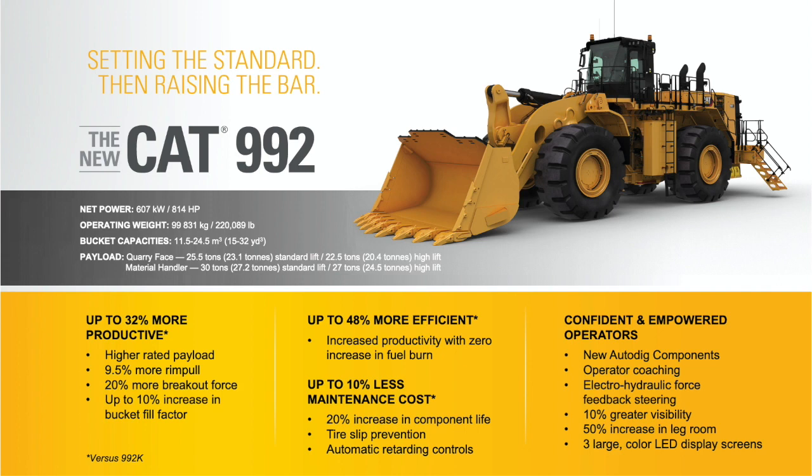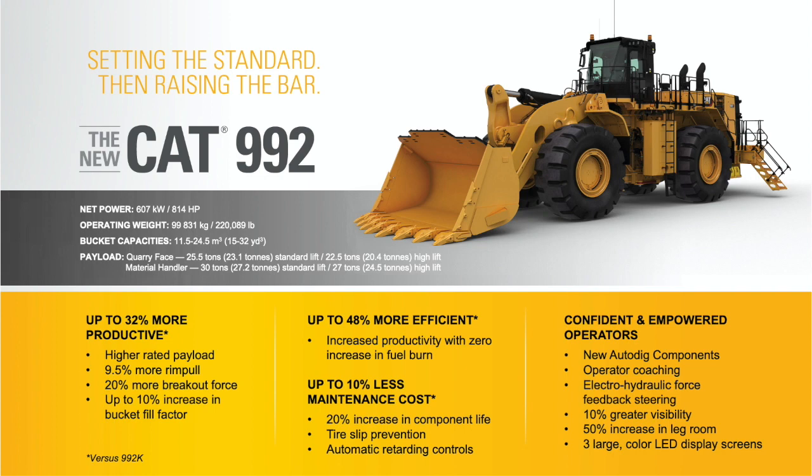Now, what's also new for this machine is a material handler variant, and that's where you've got typically rehandled material, where now we're going to be able to add some stability to the machine and have a package that brings you to 30 U.S. tons, standard lift, 27.2 metric tons, or 27 tons on the high lift, 24.5 metric tons.